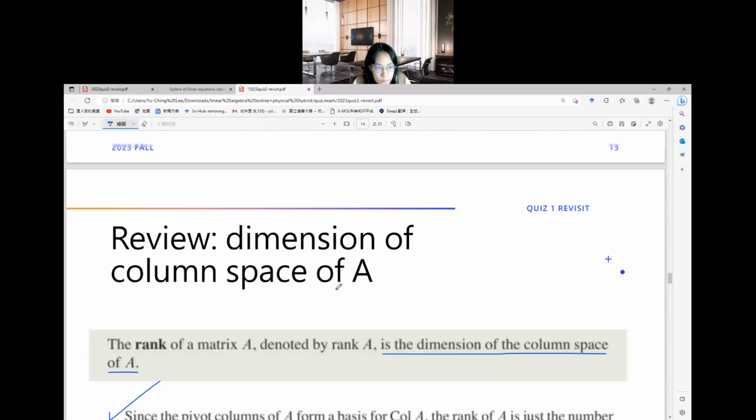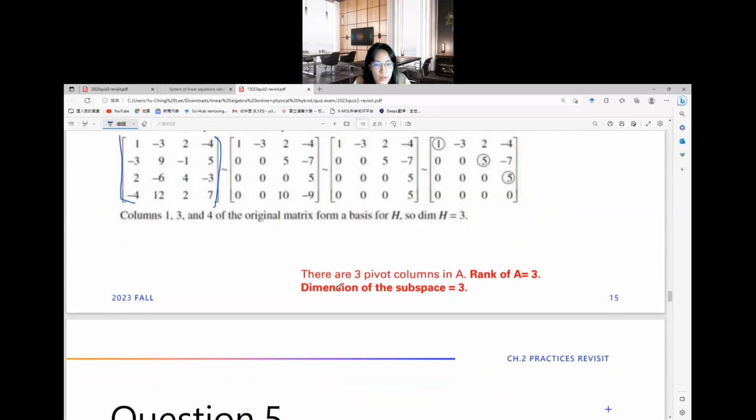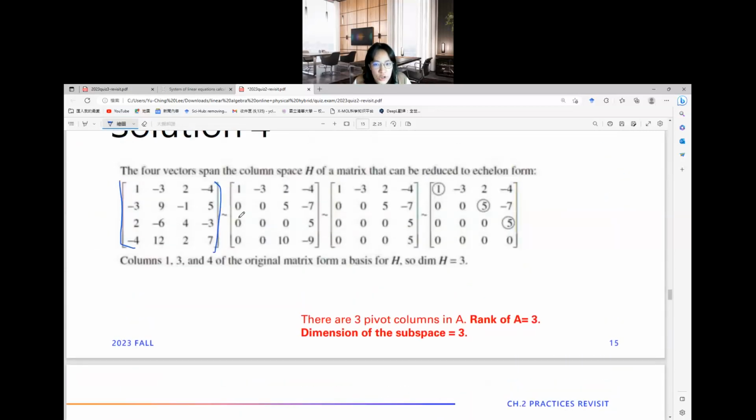And then we perform Gaussian elimination. That is to reduce the original matrix to an echelon form.